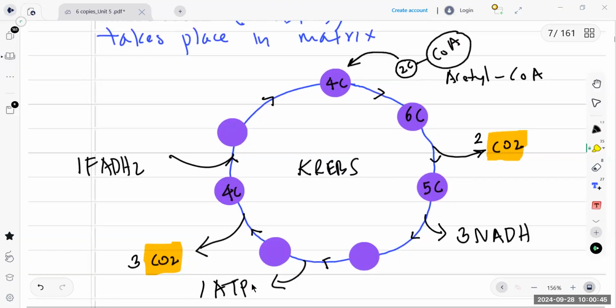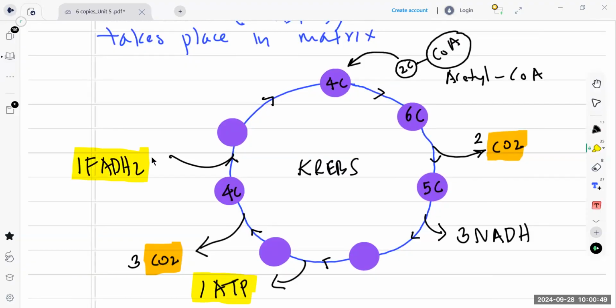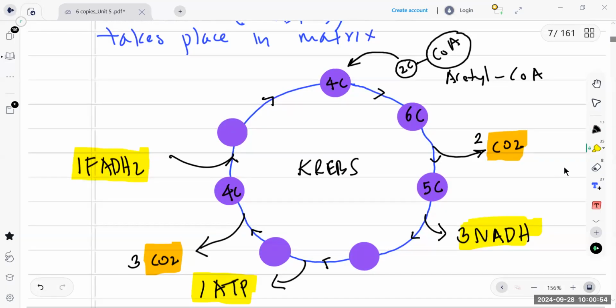So energy is released as 1 ATP, 1 FADH2, and 3 NADH, and pyruvate is completely oxidized.